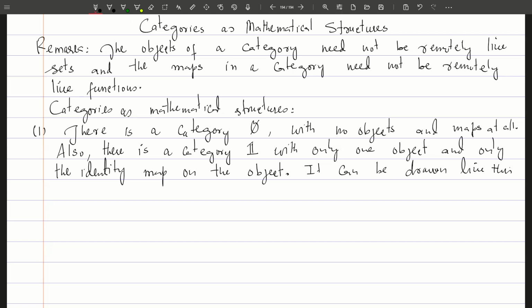So we can draw this category like this, or just a dot. We just have one object and one map. Since every object is required to have the identity map on it, we usually do not bother to draw this arrow because it is understood. It's by definition there.